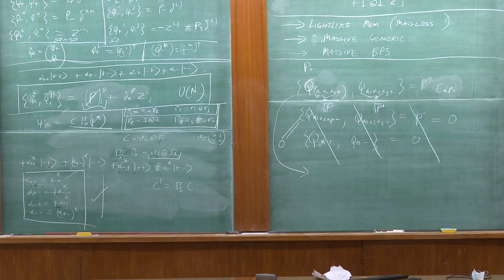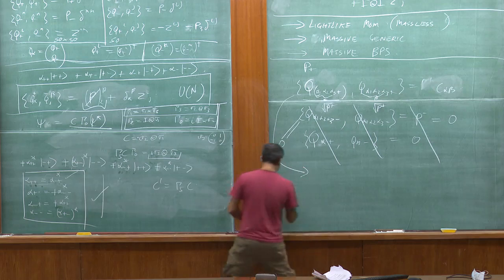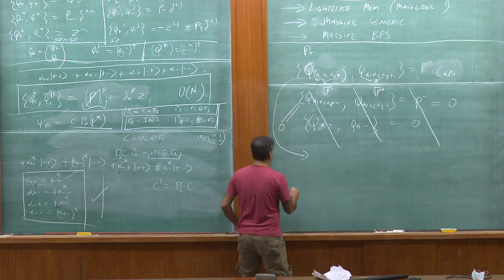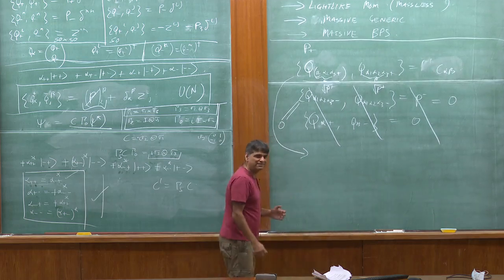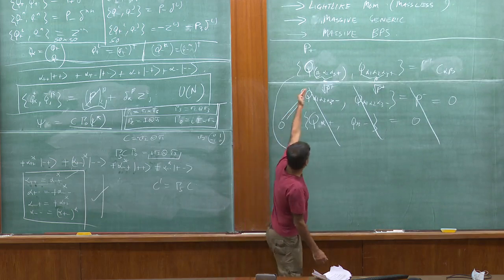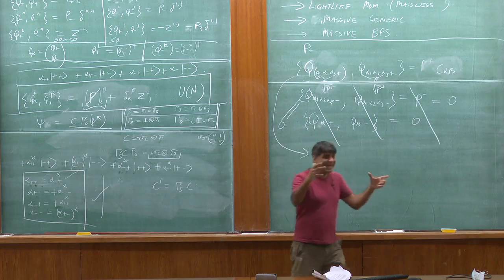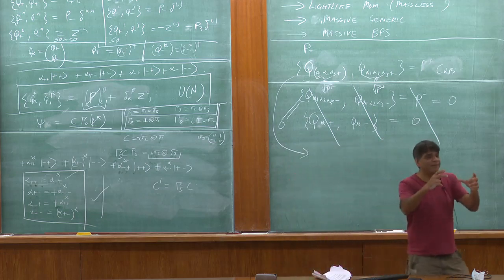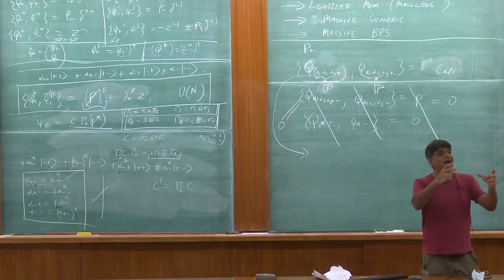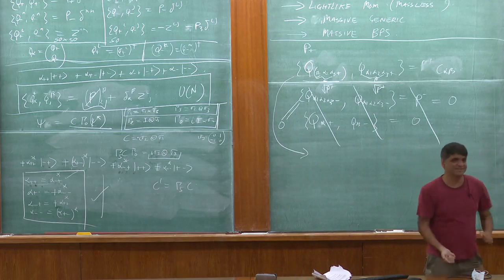Now, suppose we started with a certain number of supersymmetries. Half of them have already been removed because we're removing the Q minuses.